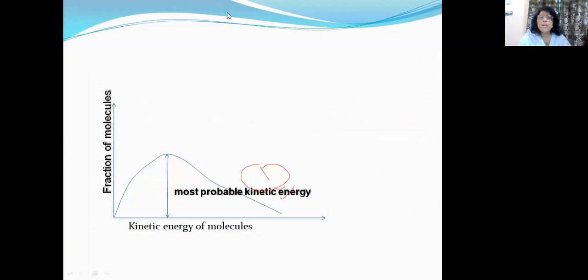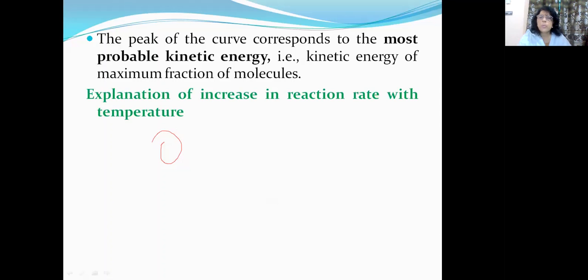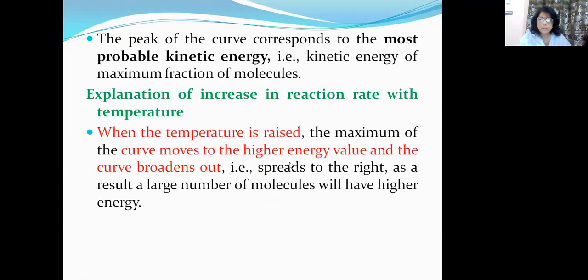The graph may be plotted between the fraction of molecules and the kinetic energy of the molecules. The area under this graph gives us the most probable kinetic energy, which again shows a peak. The peak of the curve indicates the most probable kinetic energy.